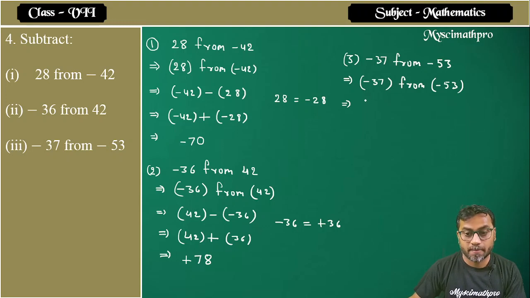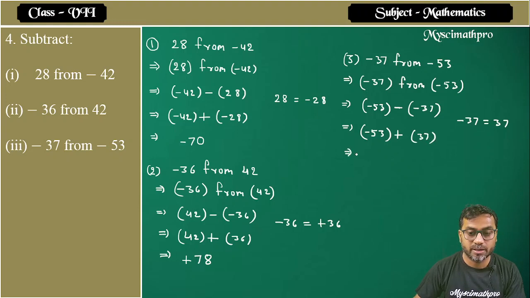According to the method, first we write minus 53, put the minus sign, and then we write minus 37. Student, you know very well, we write minus 53 as it is. In the place of the minus sign, we put the plus, and we have to write the additive inverse of minus 37, which is 37. So here we write 37.